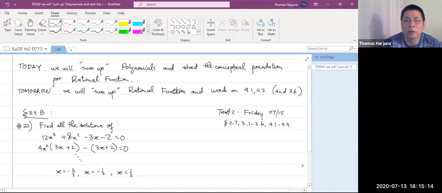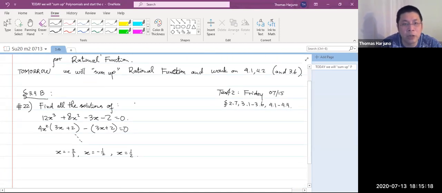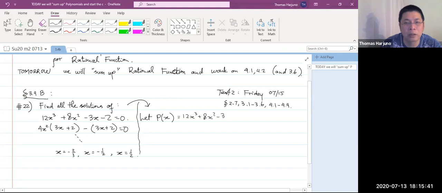Now, in this section, our main topic is graphing. So not only find the solutions for an equation, but let P(x) be 12x cubed plus 8x squared minus 3x minus 2.